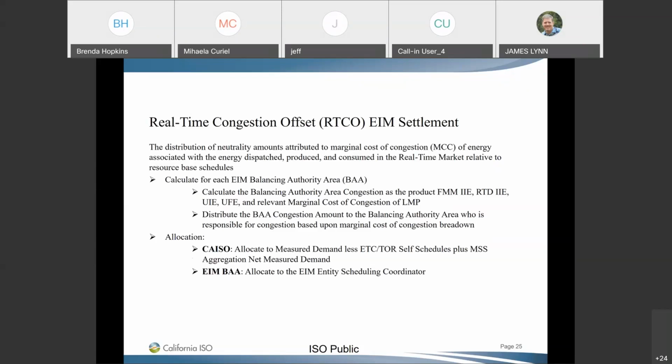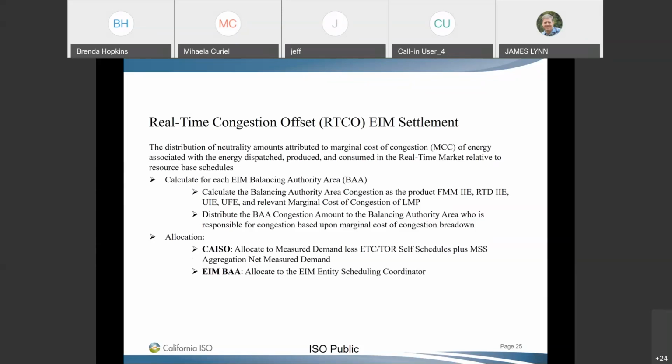We use this and the marginal cost of losses total when calculating the real-time imbalance energy offset. However, this total congestion just tells me how much materialized in your area. It doesn't tell me that I need to collect it from your balancing authority area. What we need to do is look at the marginal cost of congestion breakdown. And I'll go into a little more detail on the difference between the total cost and the breakdown.